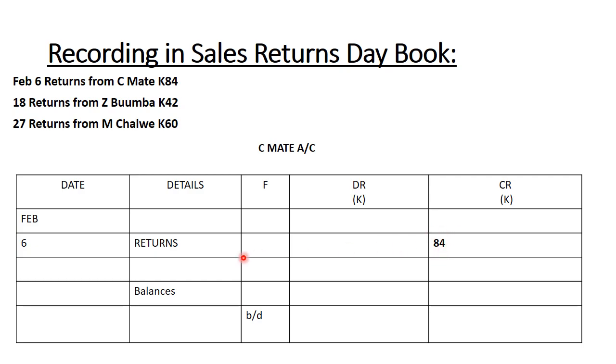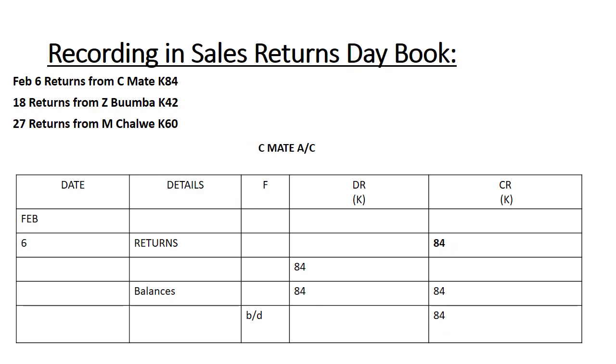Sometimes we can have a lot of transactions, so you need to total them. The total you write here and here, 84 and 84, and of course the balance, so that here we have a total of 84 and here 84, and the balance brought down here is 84.